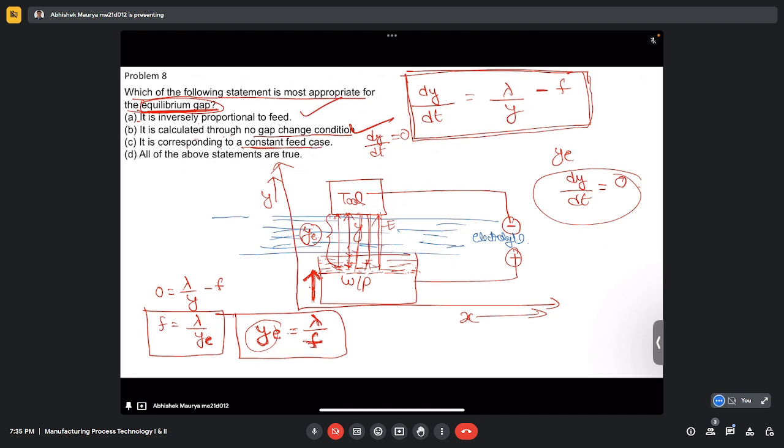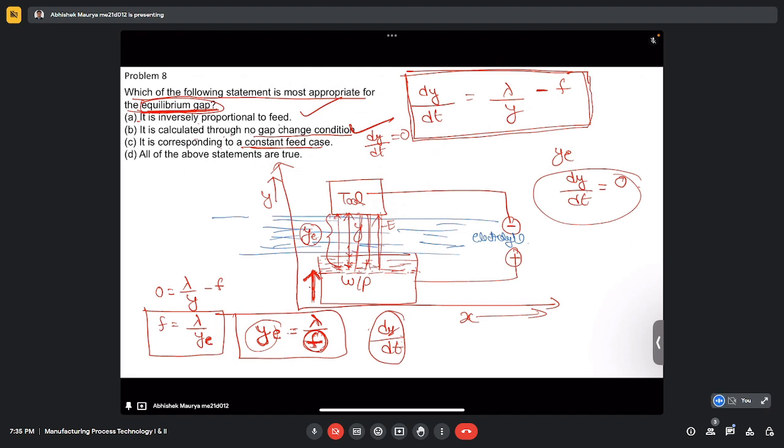Yes, this feed value which we are giving is constant, and this feed should be equal to the rate of material dissolution, so that dy by dt, at what rate this is changing, we are giving the same feed value, and that is constant for a given set of electrolyte and electrode combination and for a given set of voltage.